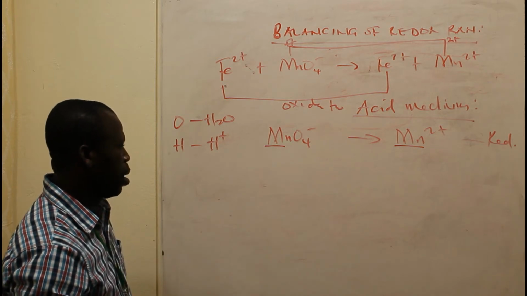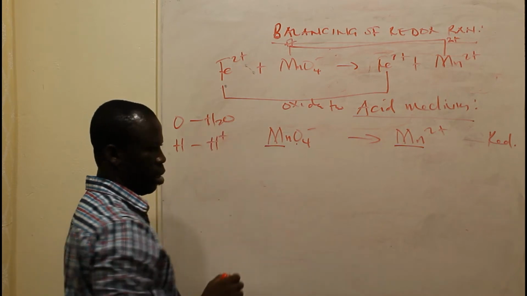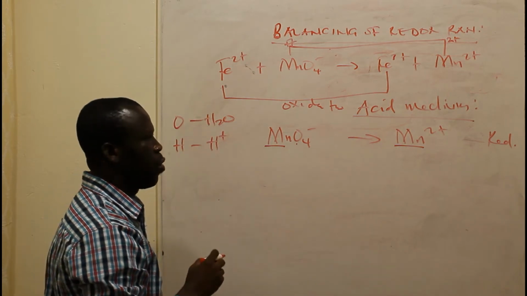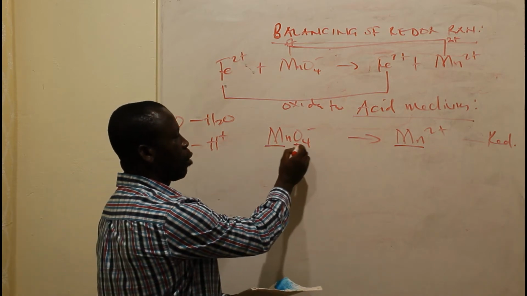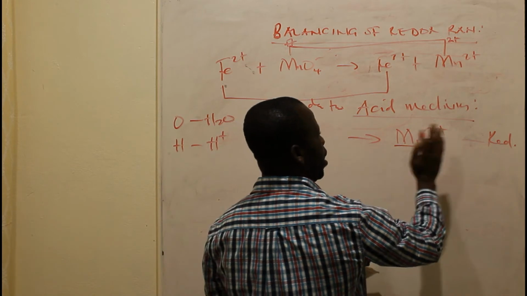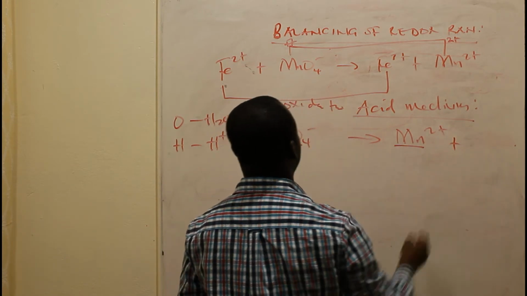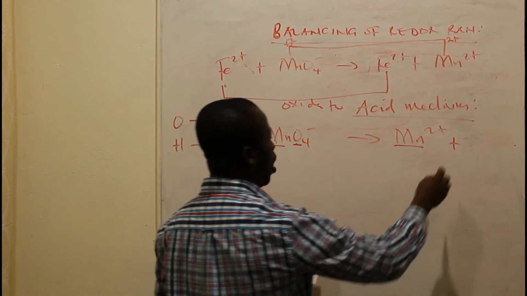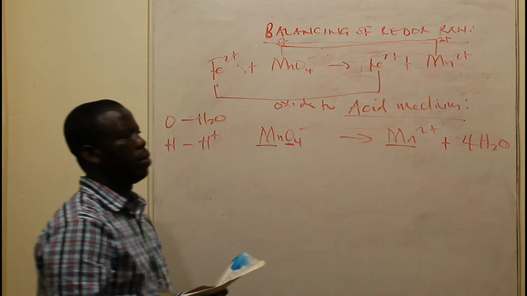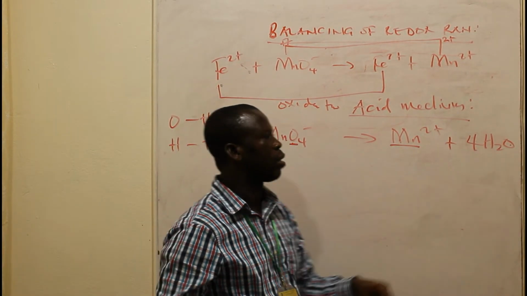Now, we balance oxygen with water and we balance hydrogen with H+. So you realize that we have 4 atoms of oxygen here, but we have none here. In this regard, I am going to add water molecules. So I will add 4 water molecules. It means that I have balanced the oxygen atoms.